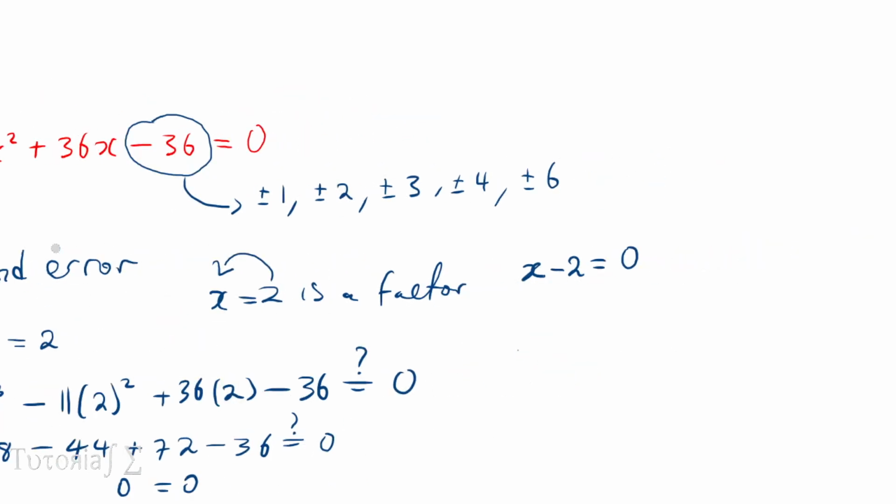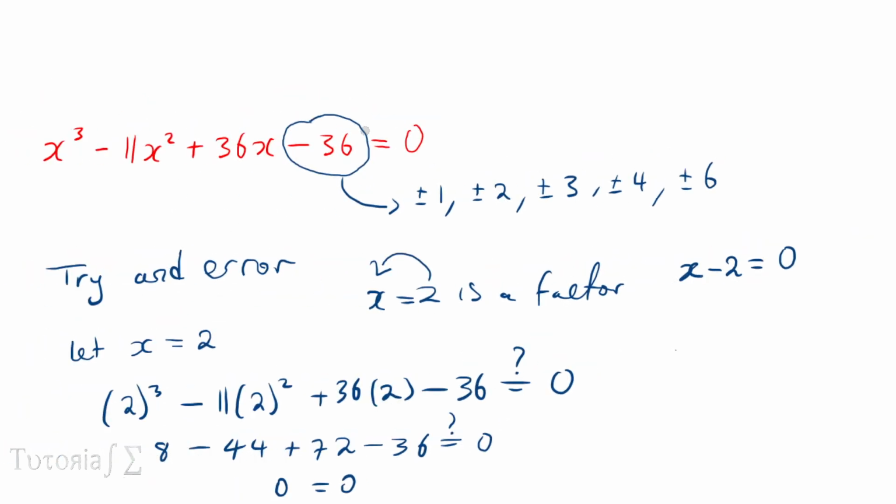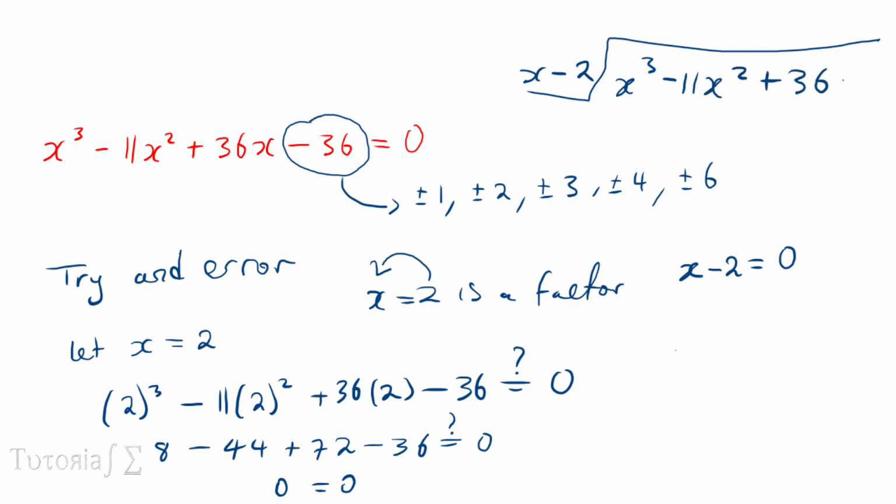We'll divide x minus 2, the transpose of the factor, into x to the power 3 minus 11x to the power 2 plus 36x minus 36. So this is the long division part.